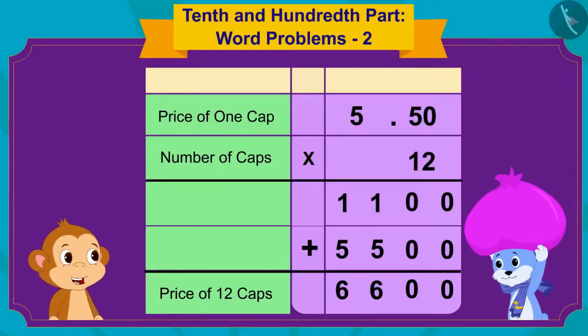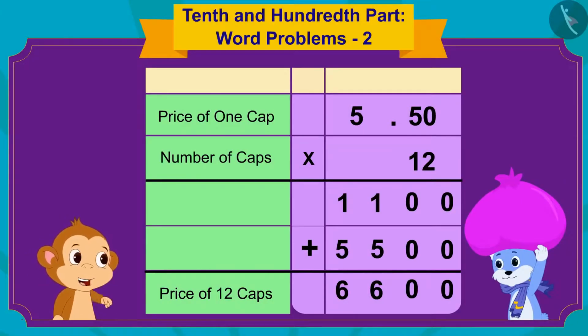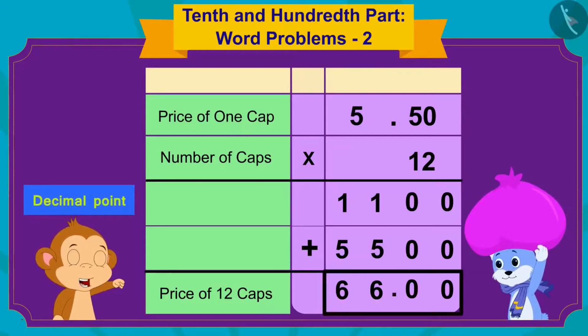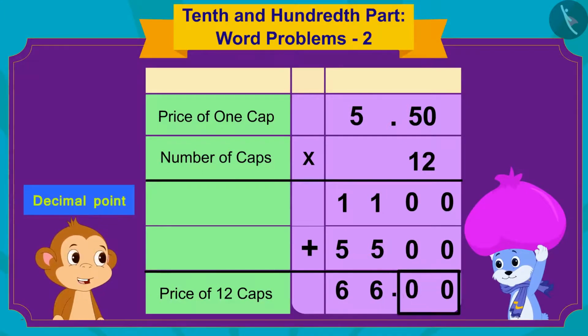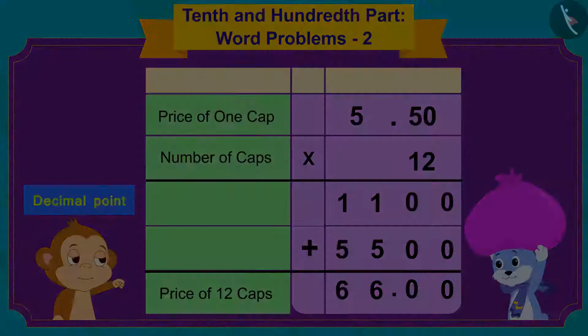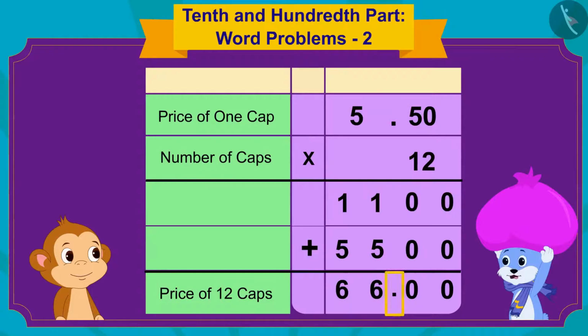Absolutely right. So, we will write the decimal point in the answer in such a way so that there are only 2 digits after the decimal point. And then we will get our answer. Now I get it.